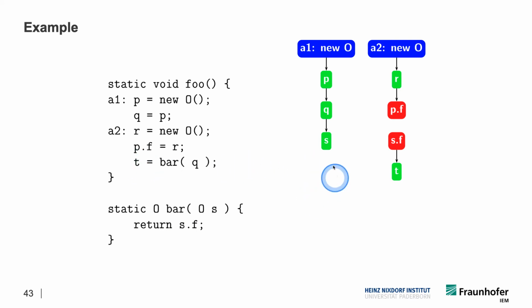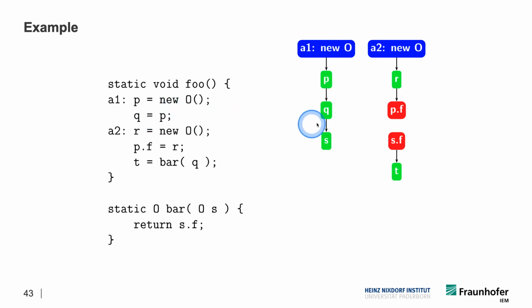So if you look at the individual edges produced by all of these individual statements, you end up with this graph here, right? We have an allocation edge from this allocation to P, okay? So that's this edge.